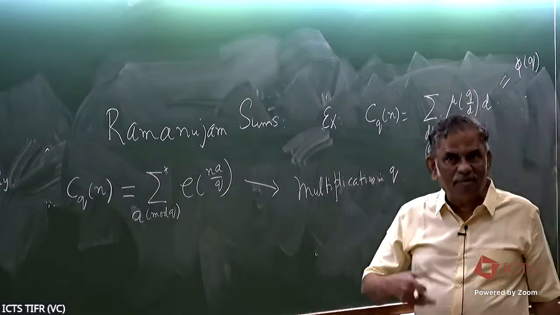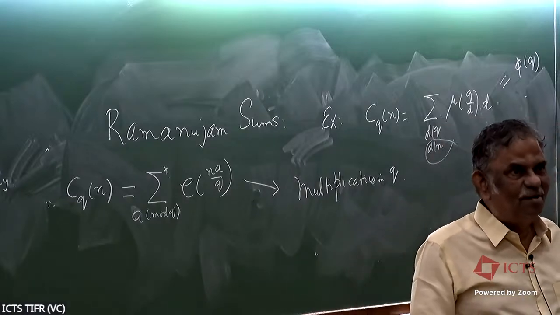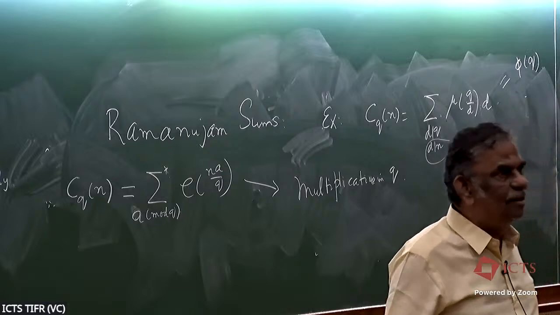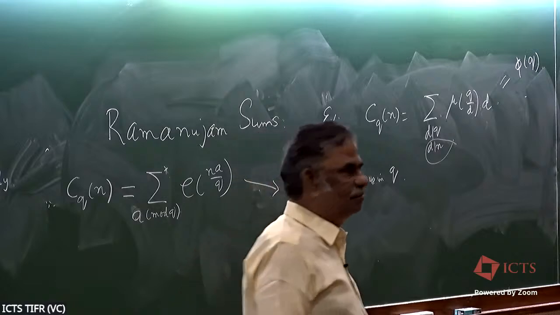And this Ramanujan sum has many properties. And again, as I was telling about the things, without Ramanujan sum, you cannot do analytic number theory. And therefore, if you have not seen Ramanujan sum, this is one thing which you should.